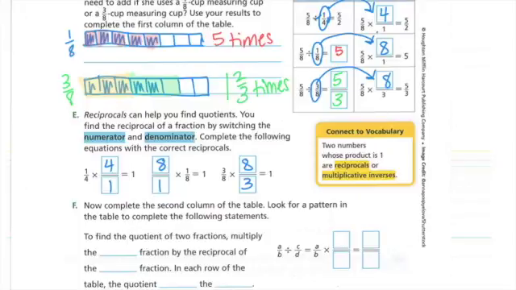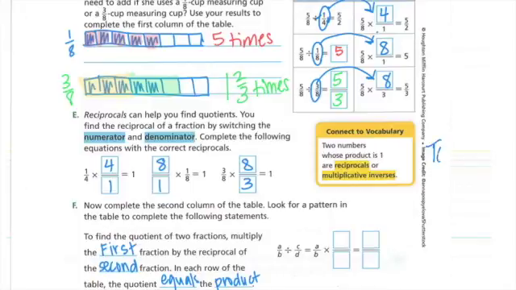To find the quotient of two fractions, multiply the first fraction by the reciprocal of the second fraction. In each row of the table, the quotient equals the product.